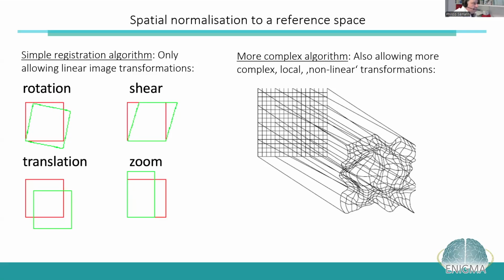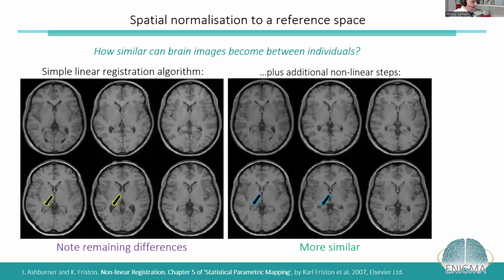In its simplest form, you can only use rotation, shearing, translation of the image, and zooming to try to adjust your individual brain to an atlas brain. However, in most cases, you also need more local warping, so-called nonlinear transformations. And it's the combination of both approaches that eventually leads to a good match between your individual brain and the atlas space.